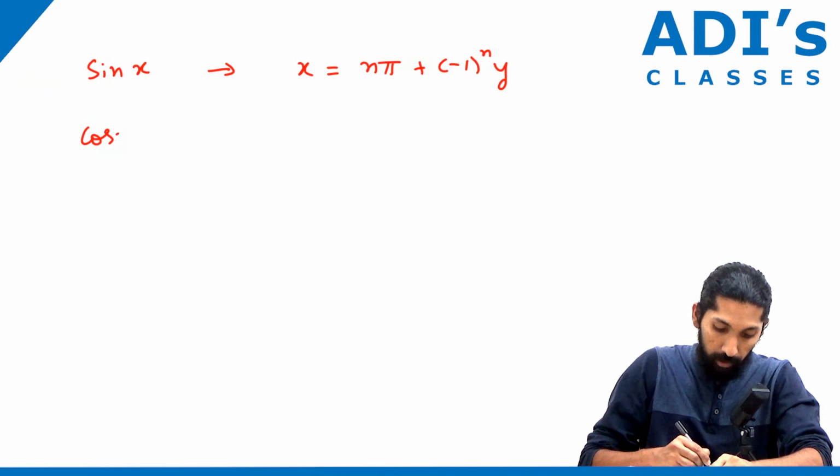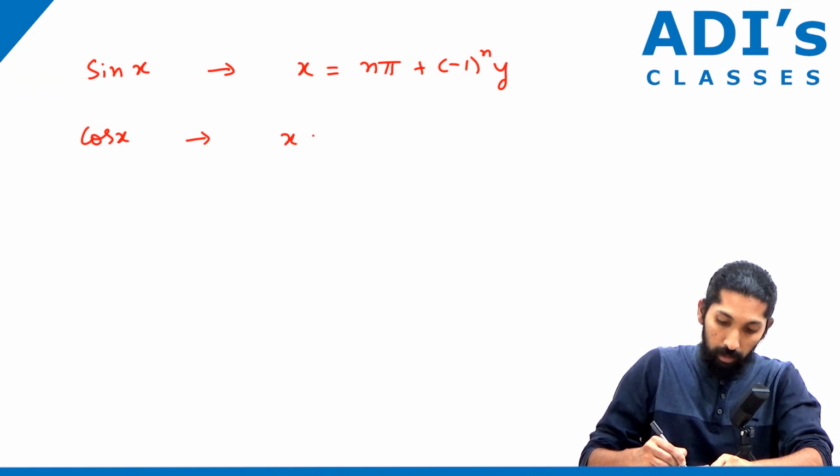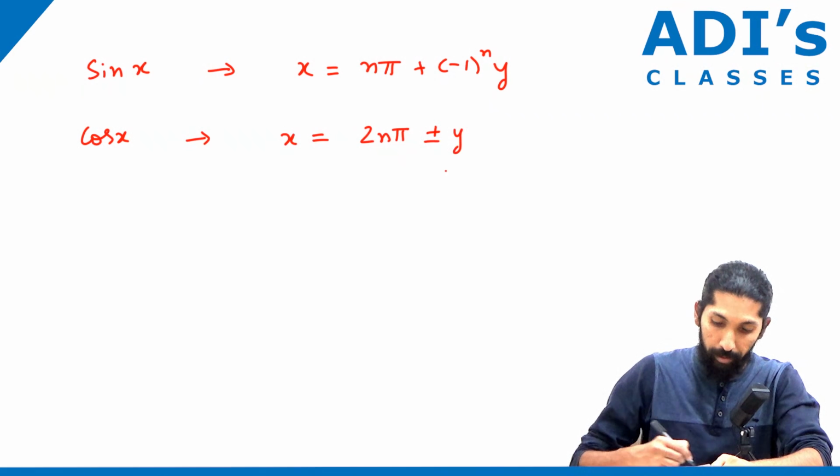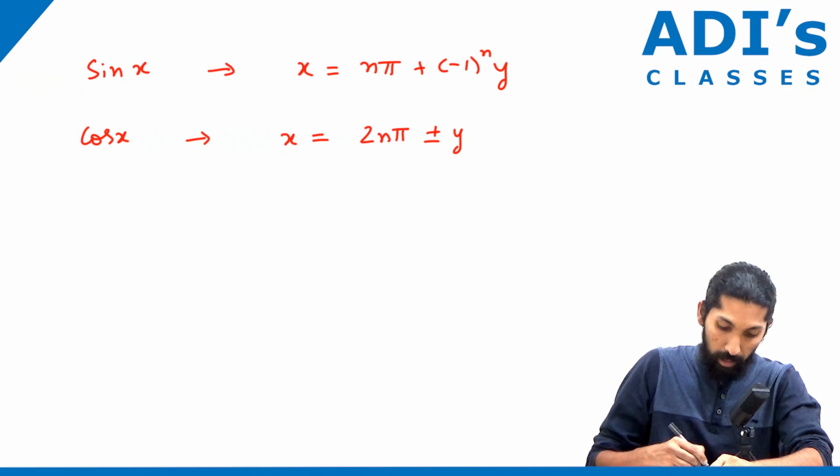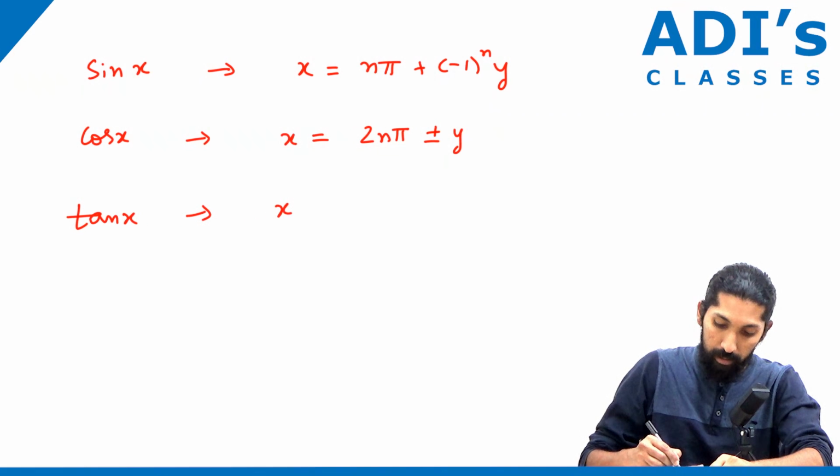For cos of x, x is equal to 2n pi plus or minus y. Correct? And for the tan function, if you have tan of x, then x is equal to n pi plus y.